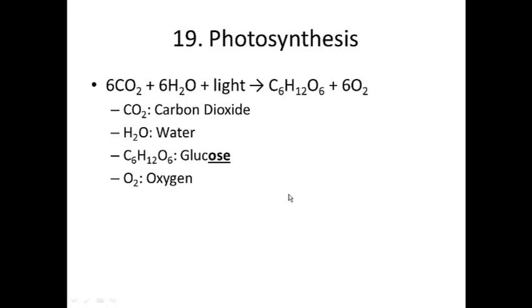Nothing can just use glucose. It needs to break the glucose down into ATP. So plants are the only things that photosynthesize, except for a few of the weirdos of the animal kingdom. And all organisms that use glucose for energy need to break it down through cellular respiration.